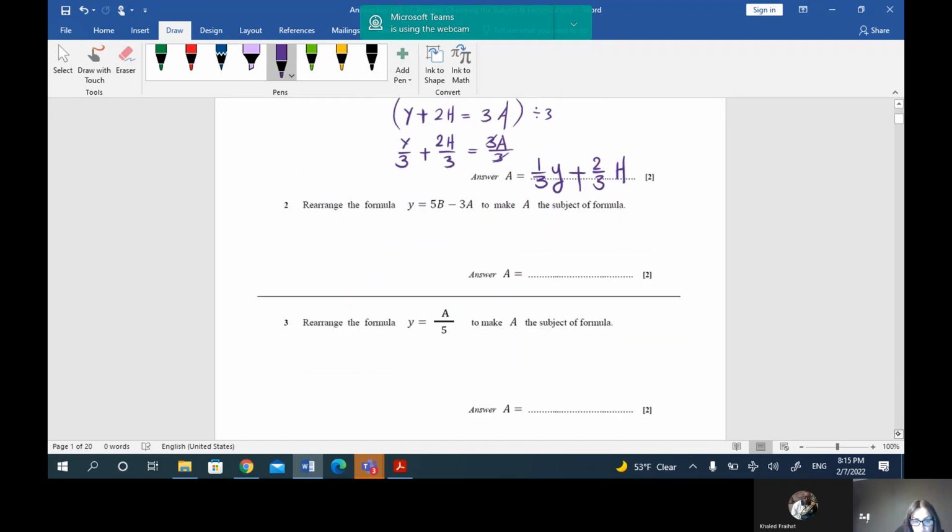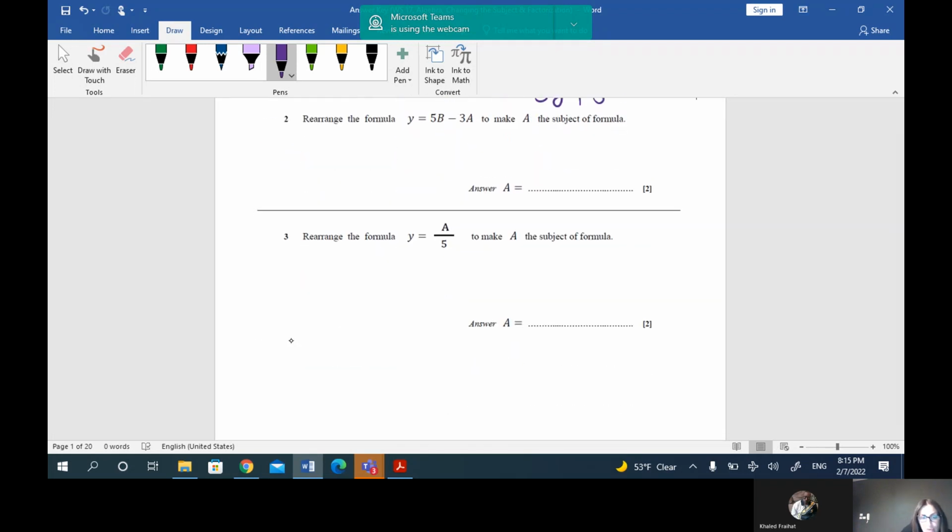Let's move to number 3. Rearrange the formula. Y is equal to a over 5. Make a the subject. Remember, y is equal to a over 5, so this side is written as a fraction. We can write the left side as a fraction: y is actually equivalent to y over 1.